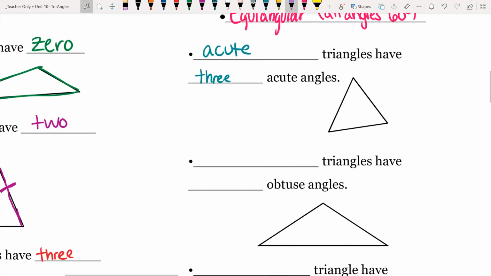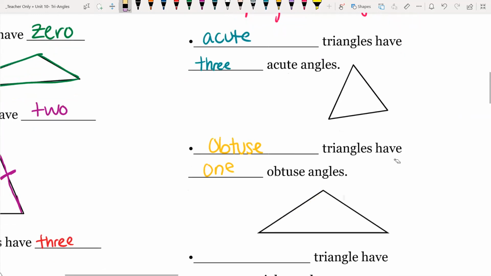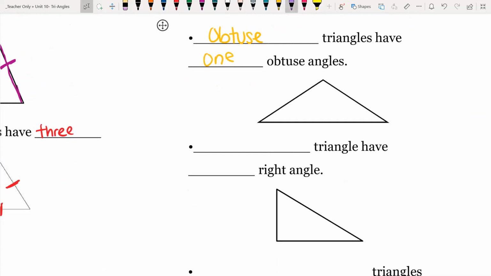Then we have obtuse triangles. Obtuse triangles have one obtuse angle, which means one angle is really, really large instead of the 90 degrees that it should be.